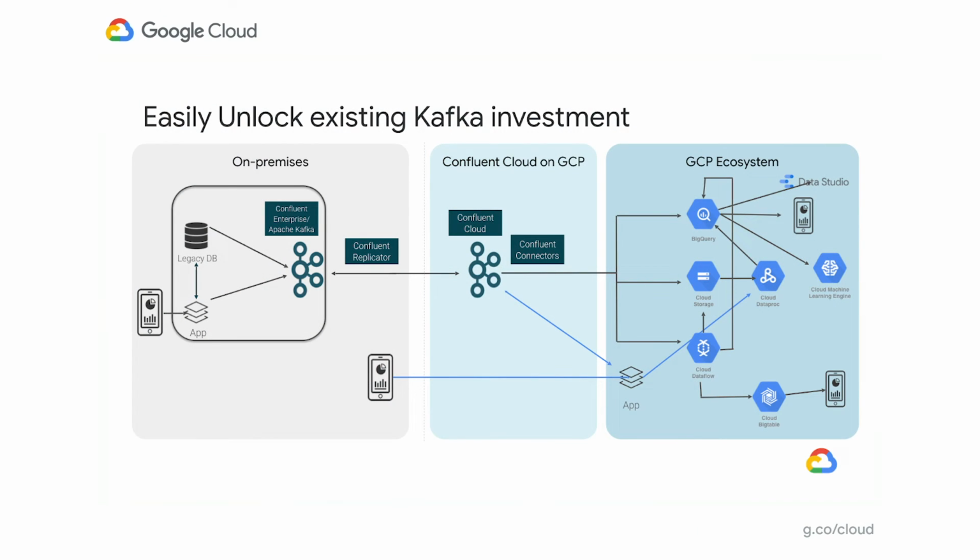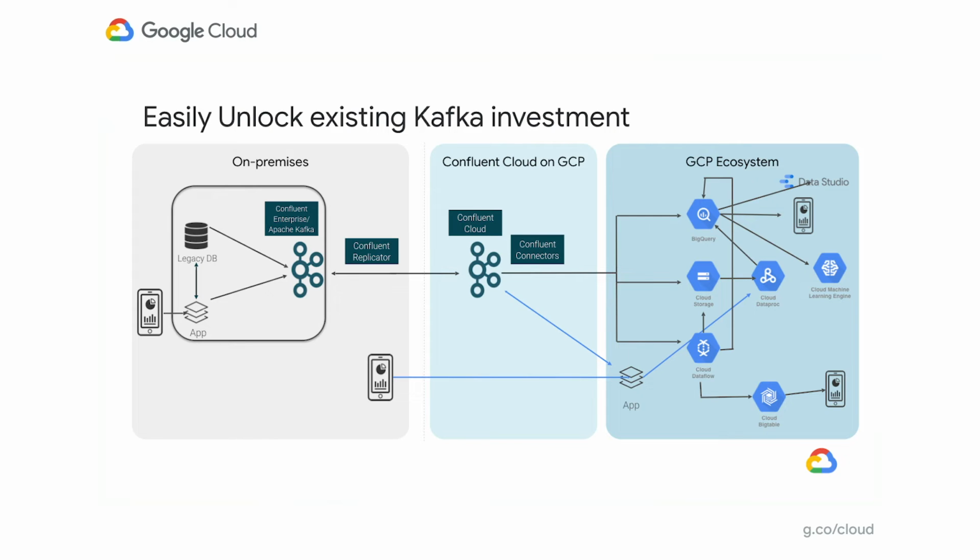So adding these two features, if we take a step down from the more architecture slide, if we think about existing customers that have on-premise Kafka infrastructure, whether it's open source Apache Kafka or Confluent Enterprise, they can use Confluent Replicator, they can run it on-prem, they can run it in GCP, and now they can create this real-time stream of data to Confluent Cloud.